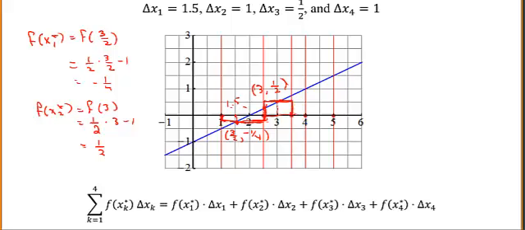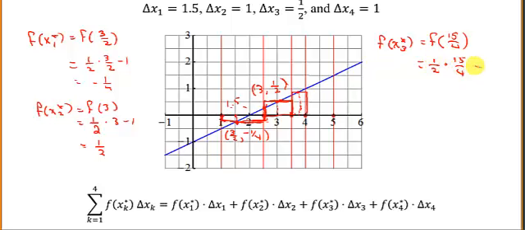Plus, now on this next one, I have 3 and 3/4. That's, I believe, 15/4. 3 is 12/4, and 3 more is 15/4. So that's going to be right here. That rectangle will determine the height of this third rectangle. Let's see what that'll be. f of x sub 3 star is f of 15/4, which would be 1/2 times 15/4 minus 1.